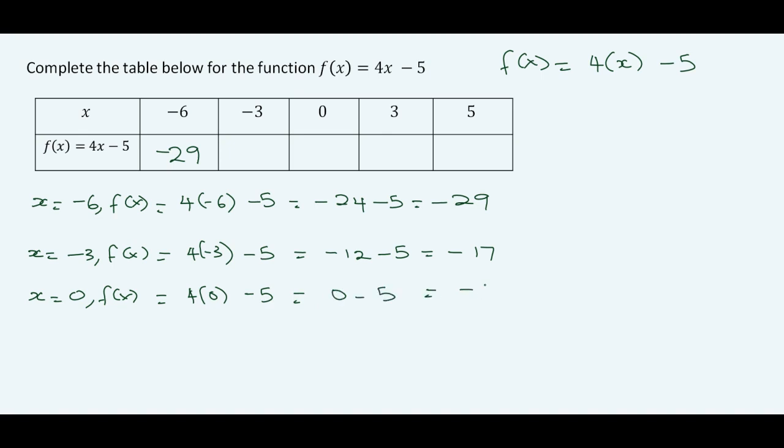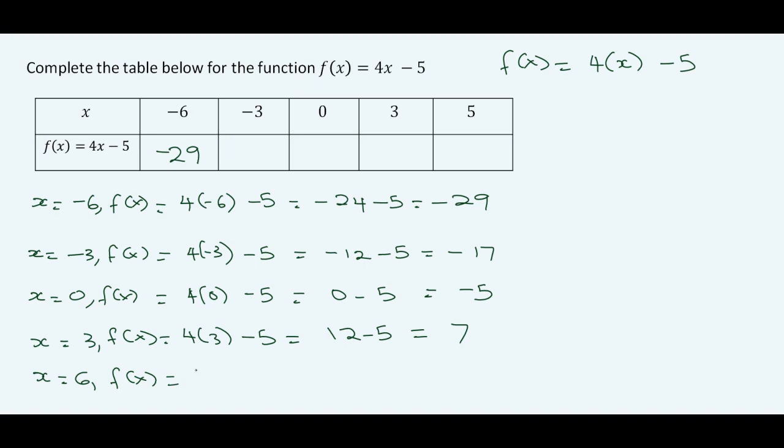It's going to give us -5. X equal to 3. F of x is 4 multiplied by 3 minus 5, which is going to give us 12 minus 5, which is 7. And then x equal to 6. F of x is going to be equal to 4 multiplied by 6 minus 5, which is 24 minus 5, and that gives us 19.